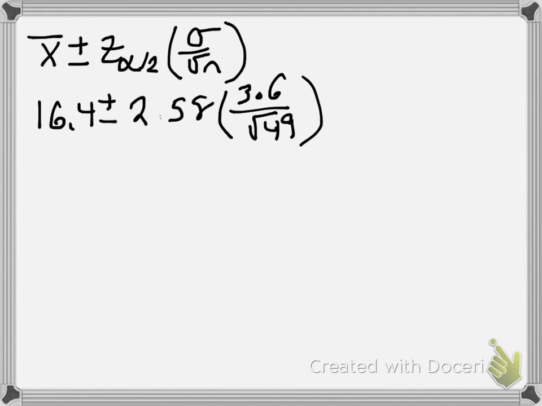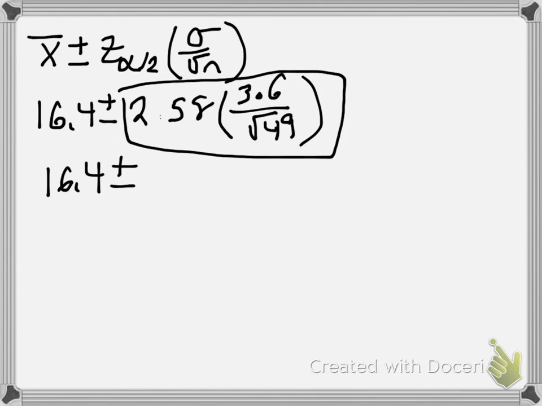Please do your math properly. 16.4 tells me that this number, when I multiply it out, I cannot go any further than the tenths position. So that's just simply 1.3. Okay? And then all you have to do is a little bit of math. You have 15.1 is less than mu, which is less than 17.7.